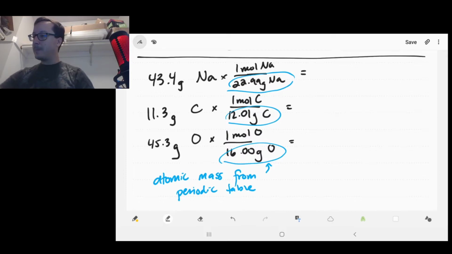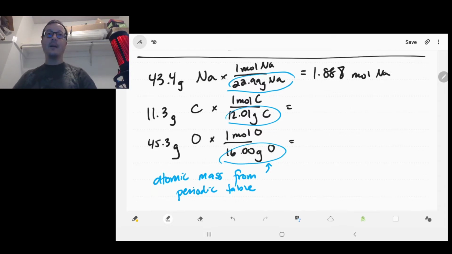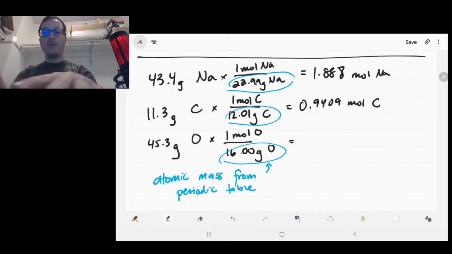Okay, so for sodium, we get 1.887, or let's just say 1.888 moles. Again, I'm rounding here. That's okay because we're not going to actually be using these numbers to do any math. So for carbon, 11.13 divided by 12.01, we get 0.9409, we'll say. And for oxygen, it's 45.3 divided by 16, and that gives us 2.831.